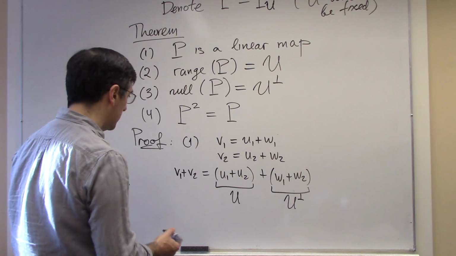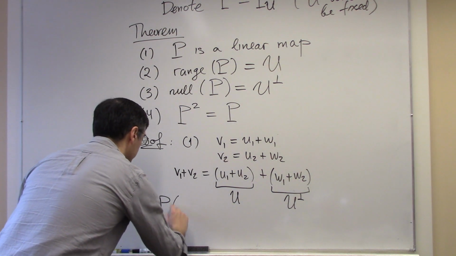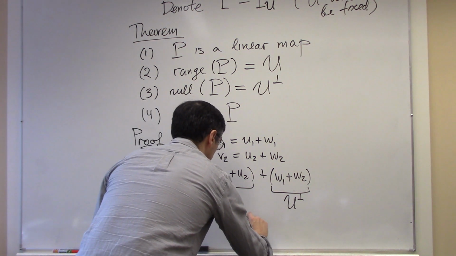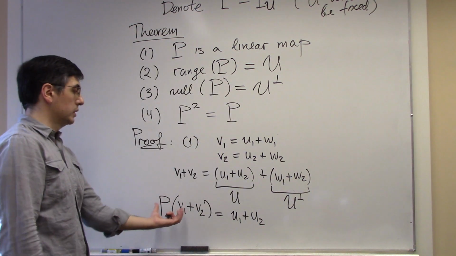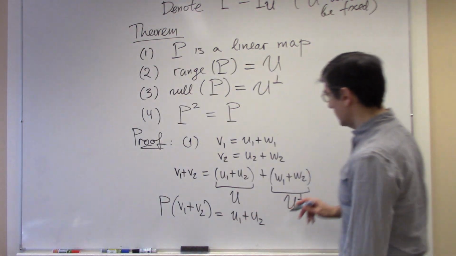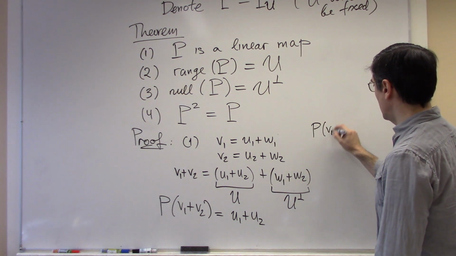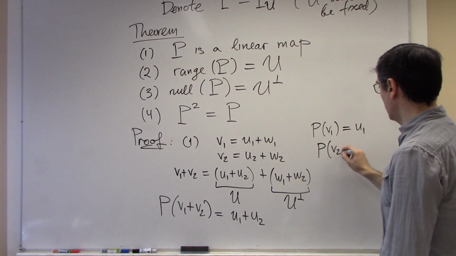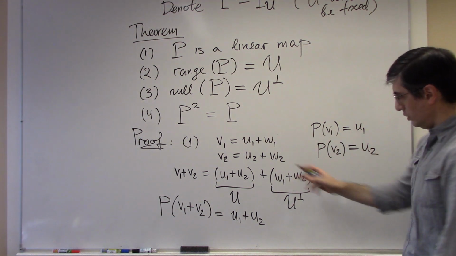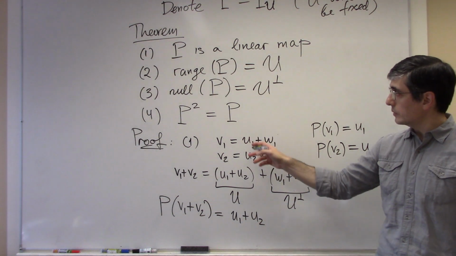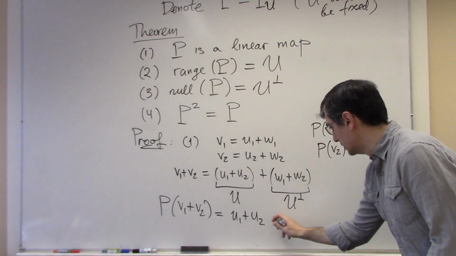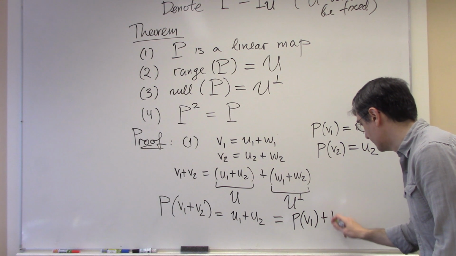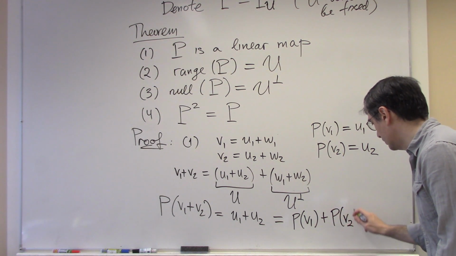So this means that P applied to v1 plus v2 is equal to u1 plus u2, simply from the definition of P. But then remember that P v1, again by definition, is u1, and P v2 is u2, because it's the part that belongs to U. So this whole expression is simply P v1 plus P v2.